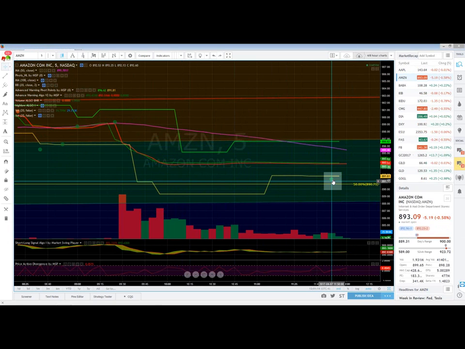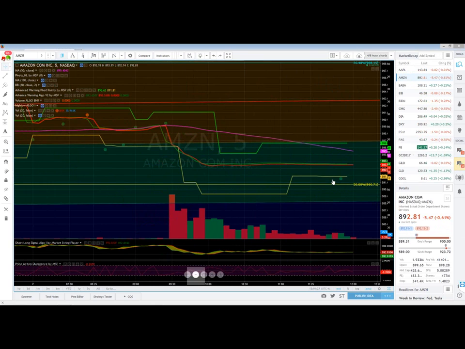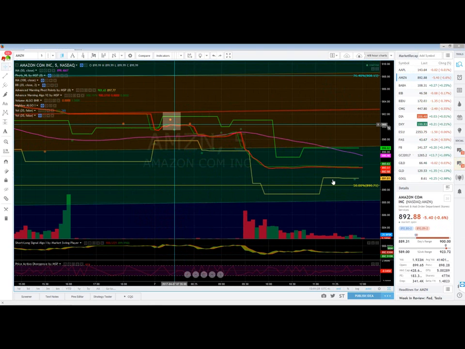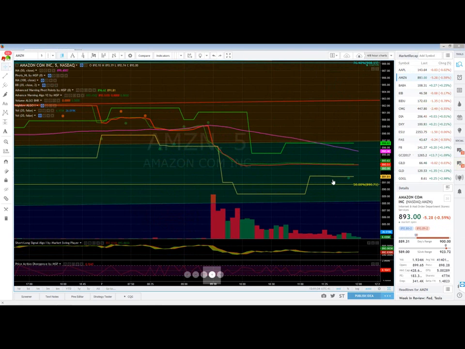And then the dot algo is an algorithm based on price action. So we'll get a red dot or a green dot. The color of the dot is insignificant.